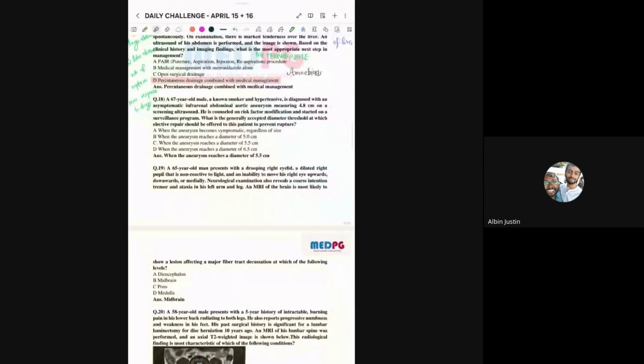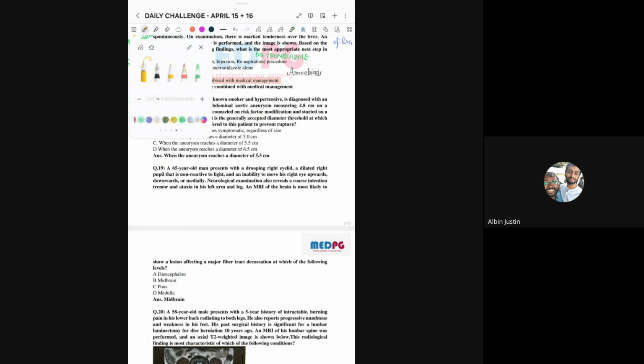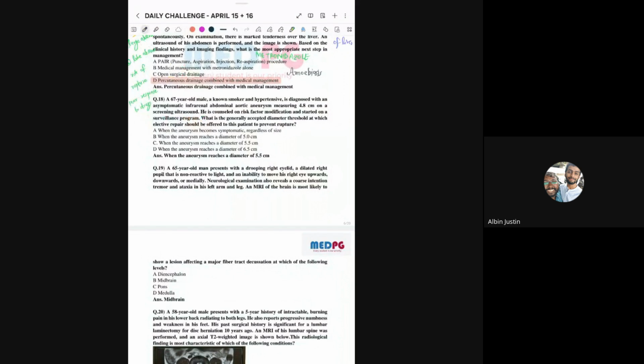Okay, question number 18. A 67-year-old male, non-smoker, hypertensive, diagnosed with an asymptomatic infrarenal abdominal aortic aneurysm. The question is when to operate: what is the threshold for elective repair? Very important. The threshold for elective repair is greater than or equal to 5.5 centimeters in men.